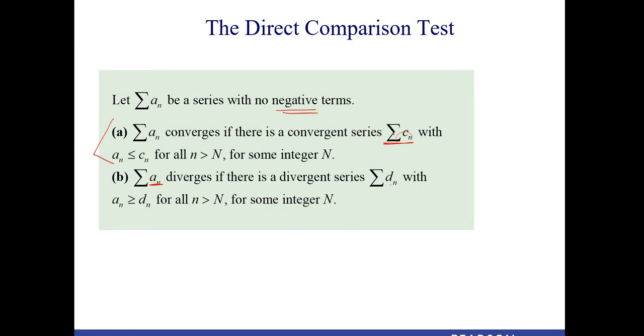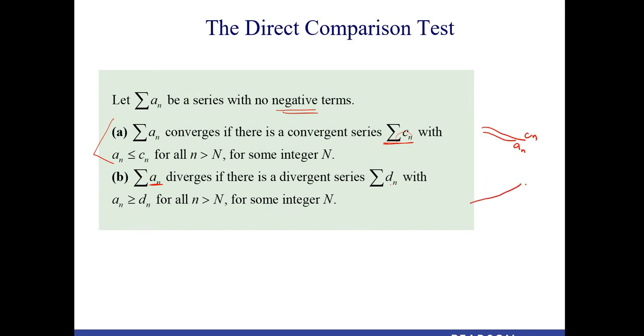So here's what we're saying. If I have a sum that converges, gets smaller and smaller, and mine is always below that, this is my c sub n and this is my a sub n, then mine will also converge.